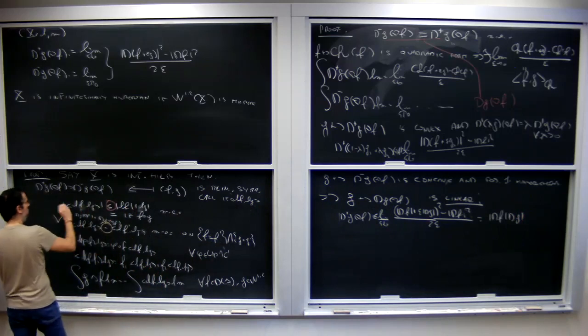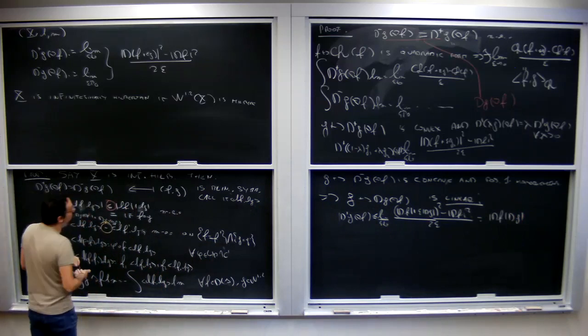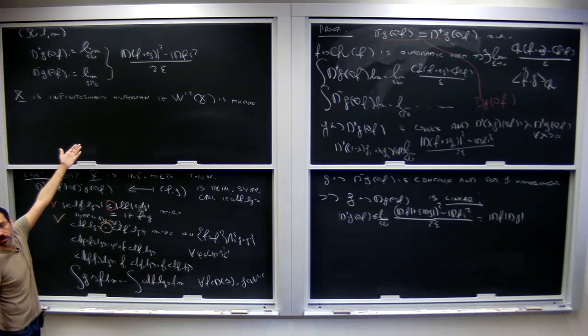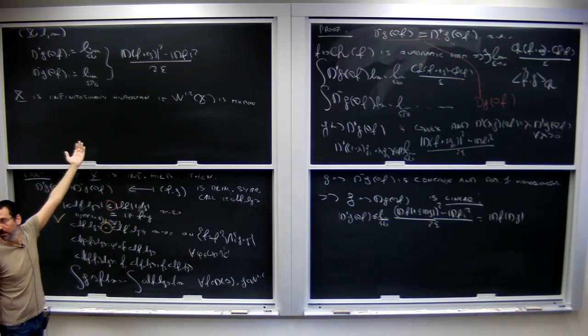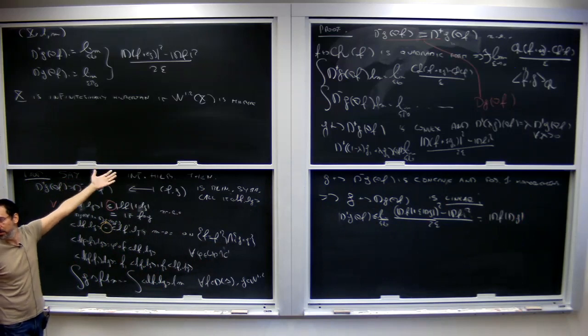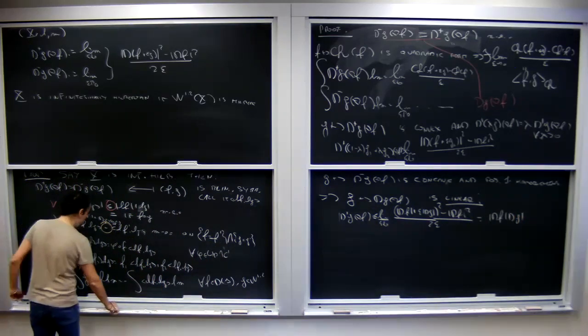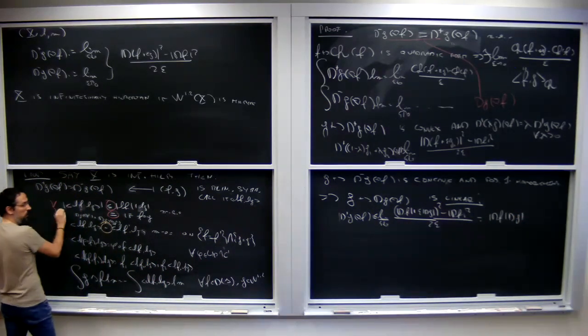So that's okay. What about this? What if you plug g equal f, you get the differential of f plus epsilon f is the same as the differential of f times 1 plus epsilon, and so you get this, right? Okay.